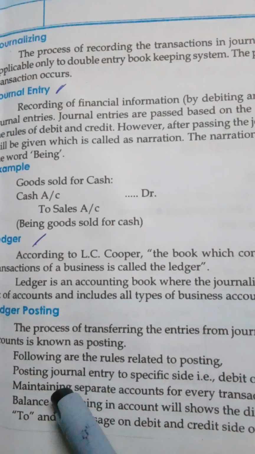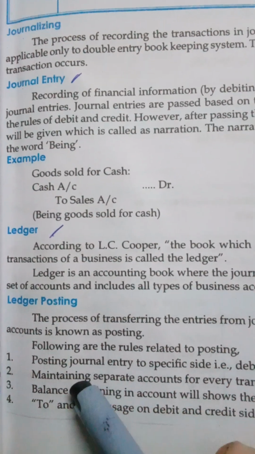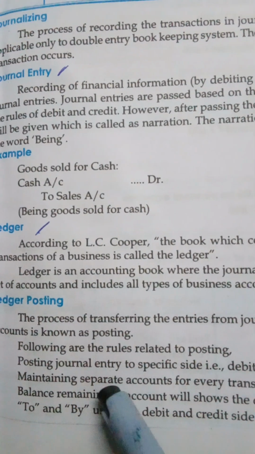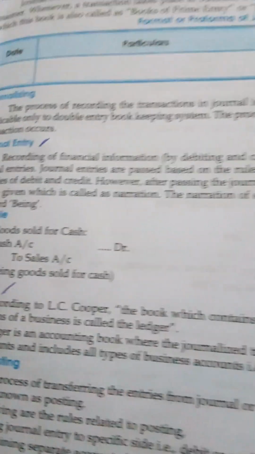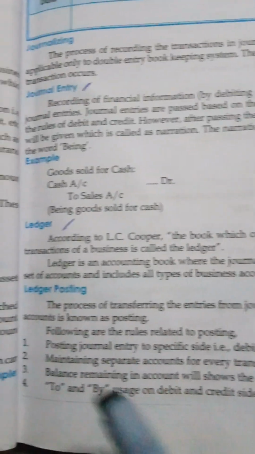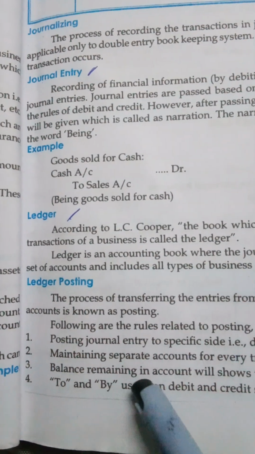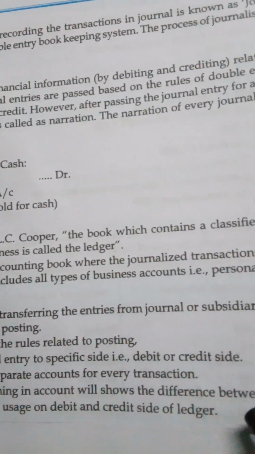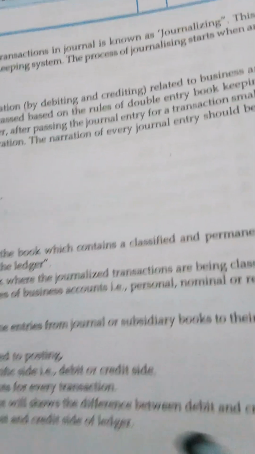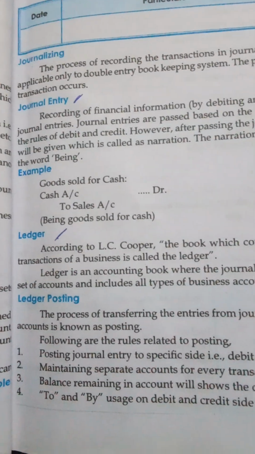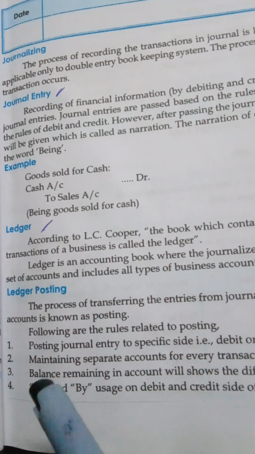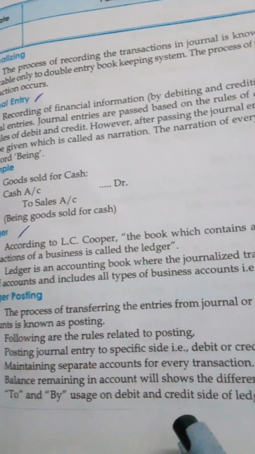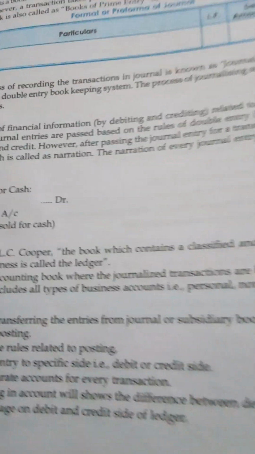Second point, maintaining separate accounts for every transaction. Third one, the balance remaining in accounts will show the difference between debit and credit. Fourth one, using "to" and "by" on the debit and credit side of the ledger.